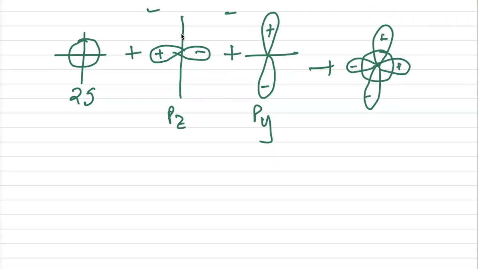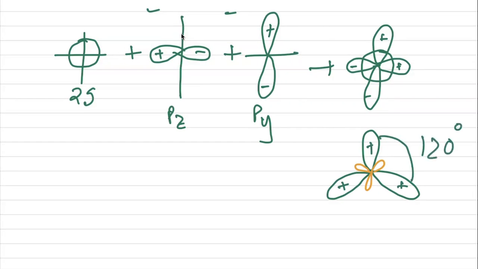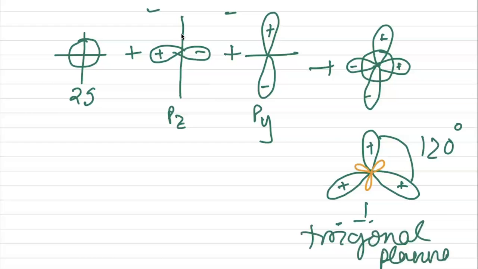The bond angle becomes 120 degrees, and the geometry is known as trigonal planar.